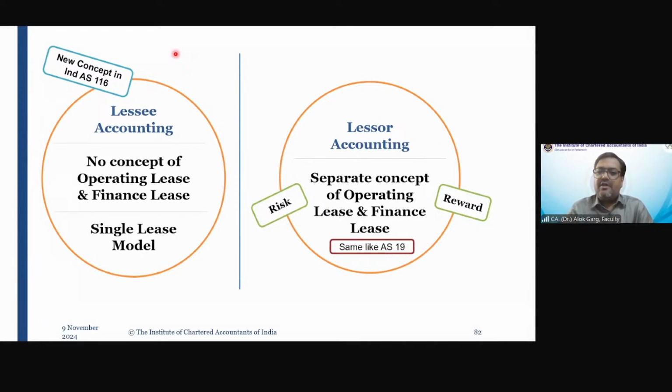So how much rent am I taking from Rahul? 10 lakh per annum means in 5 years it is 50 lakh. What accounting will Rahul do in his books? The present value of this 50 lakh. So Rahul will capitalize a right of use asset.